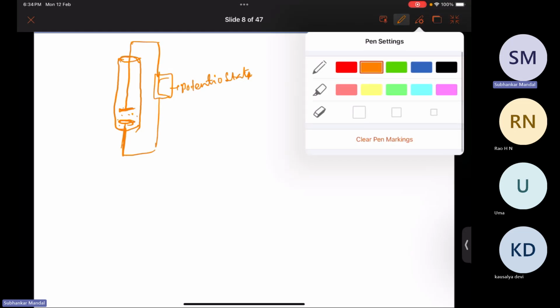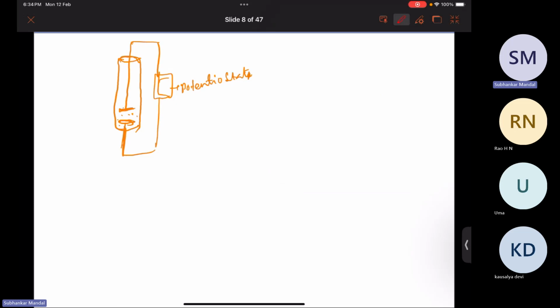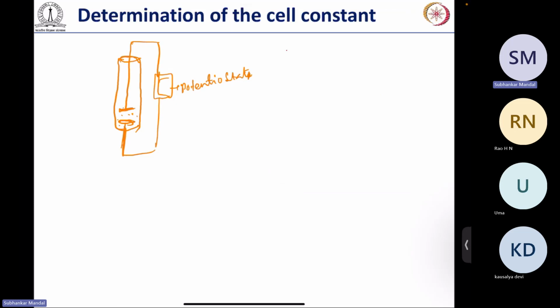As we know from Ohm's law, V is equal to IR, and from there R is equal to rho L by A.